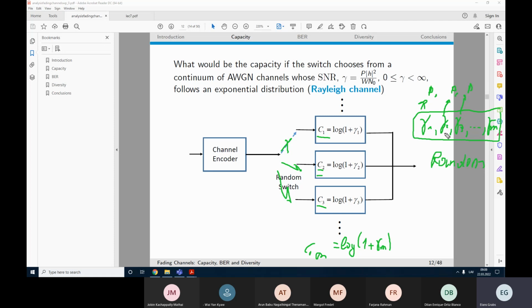And in fact, we already discussed what the probability distribution is. It is called the Rayleigh distribution, and hence the name for the channel, Rayleigh channel, because these distributions are in accordance with the Rayleigh probability density function.